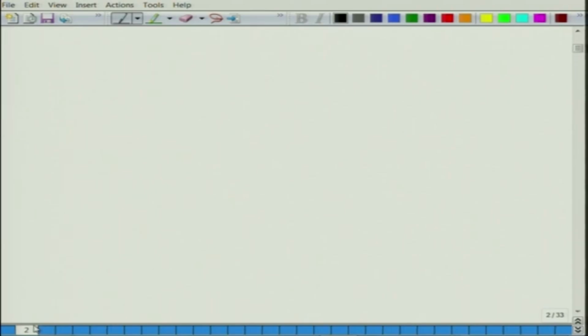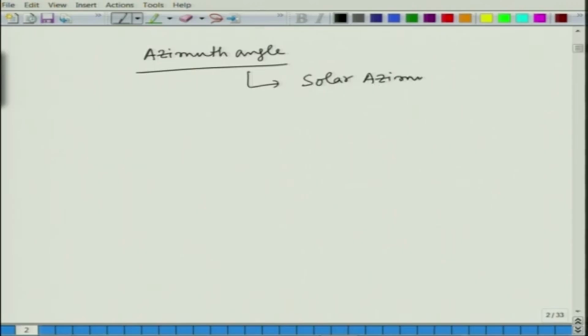Okay. So, we have talked about the azimuth angle, and there are two types of azimuth angles, right? One is the solar azimuth angle, and the other is the surface azimuth angle. Solar azimuth angle is designated as AZ, and surface azimuth angle is designated as AZS. Okay.